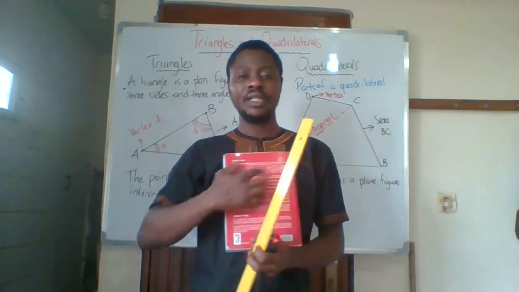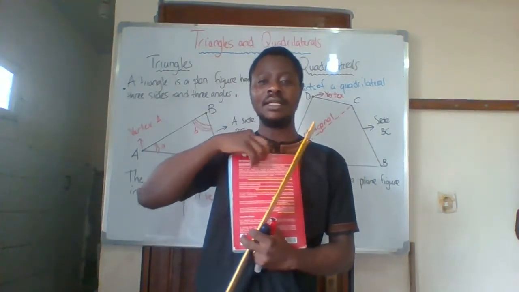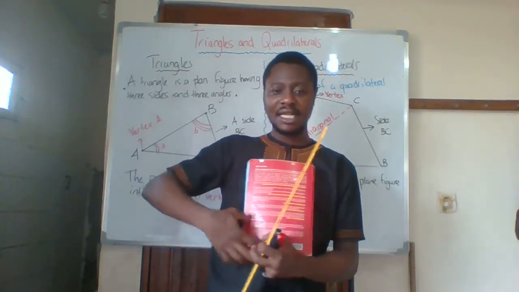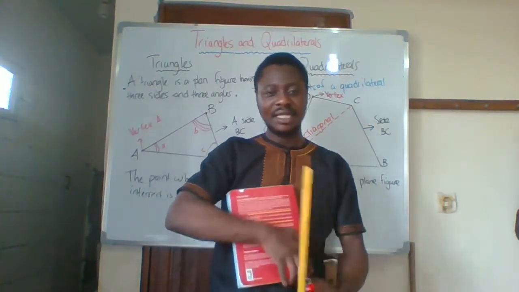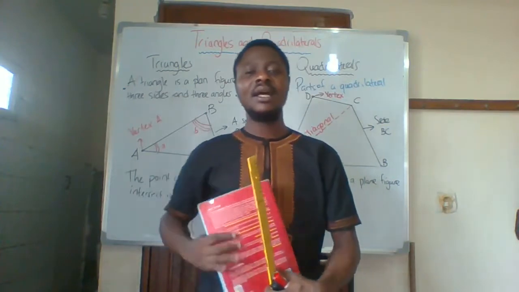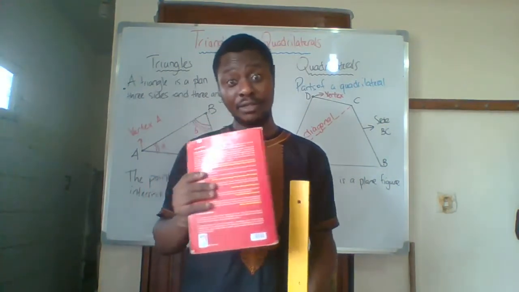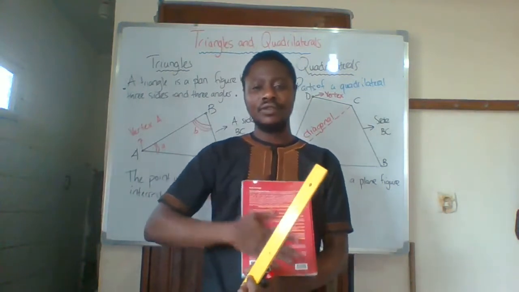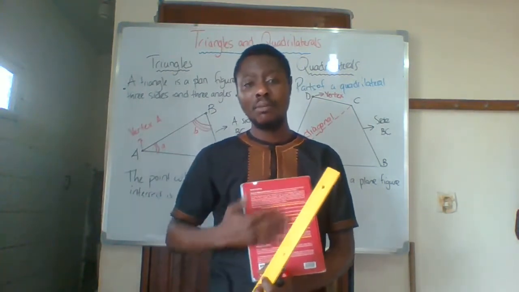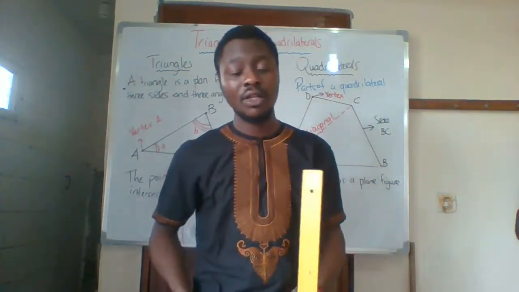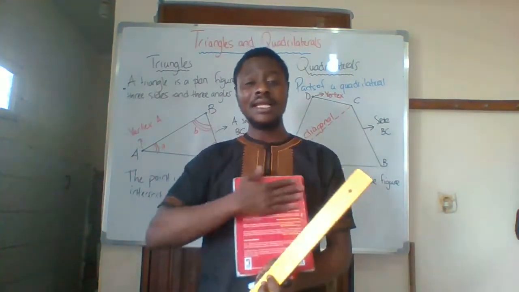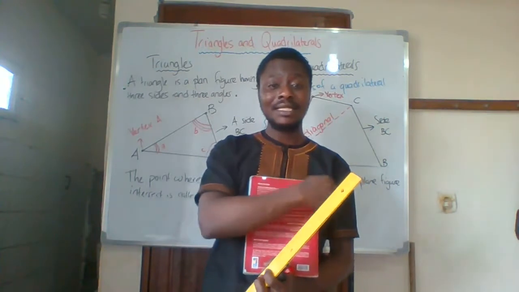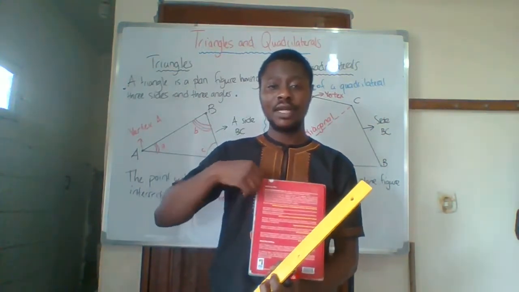This book is a rectangle, and if I measure this distance, that distance, and this distance, I have my perimeter, and this red flat surface is the area of my book. So we learn how to calculate the area. So the area is the flat surface, and the perimeter is the distance around the rectangle.